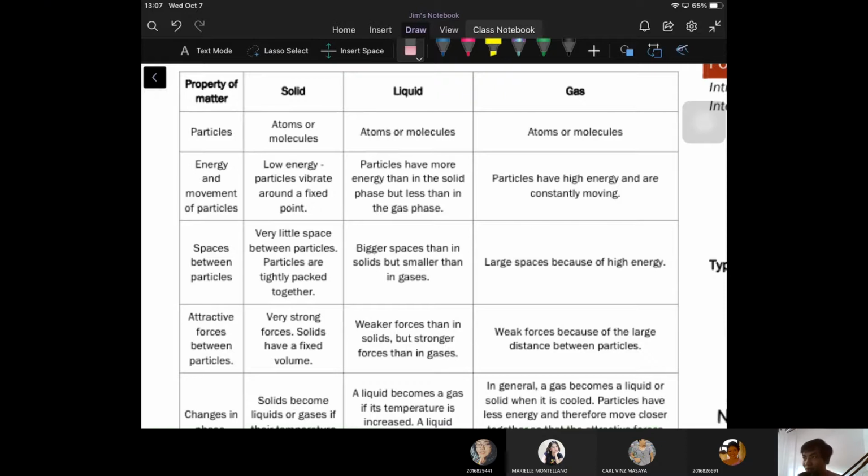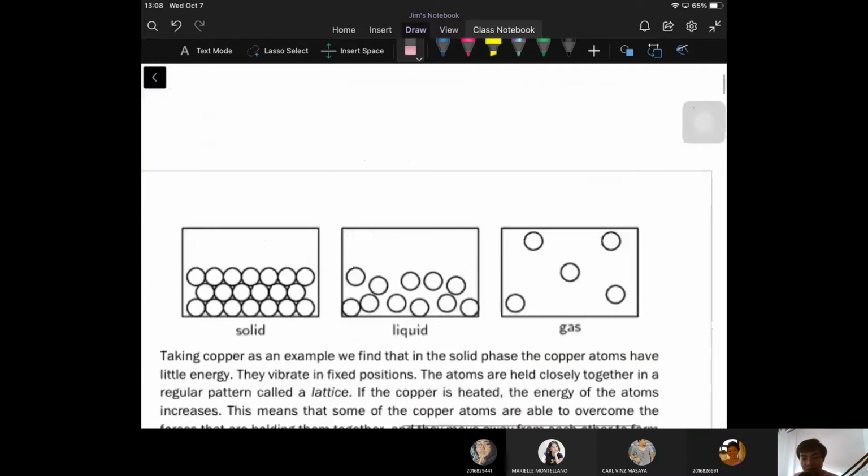Sakto lang, hindi ganun kalakas yung attraction, pero hindi rin naman ganun kahina. Tapos yung gases natin, masyadong mababa yung attractive forces nila. So, weak yung kanilang attractive forces. You won't expect them to come together. Maghihiwalay-hiwalay talaga sila.